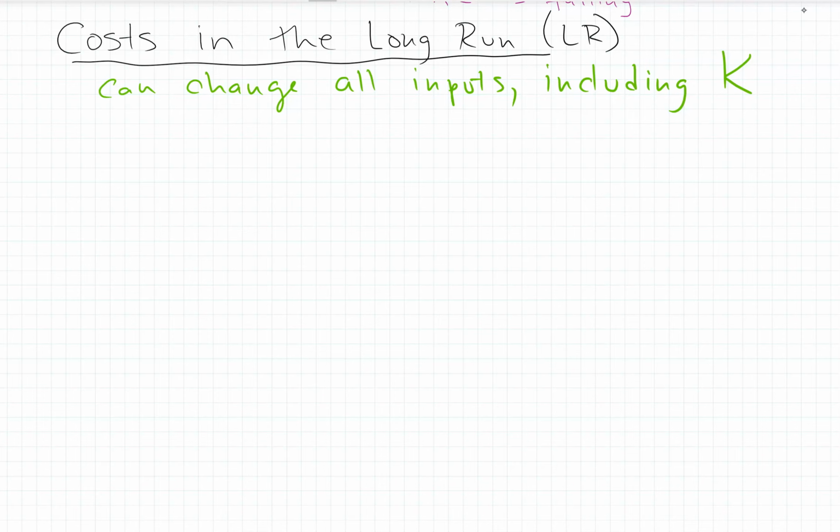How long that short run is depends on the industry. For example, if you had a pretty simple business like a small cart that sells food, you could probably get it up and running and get licensed in several months.